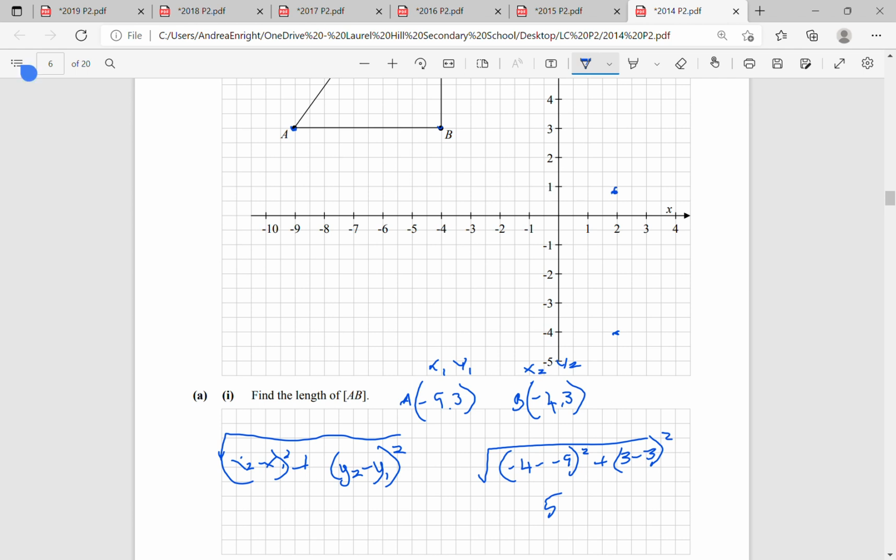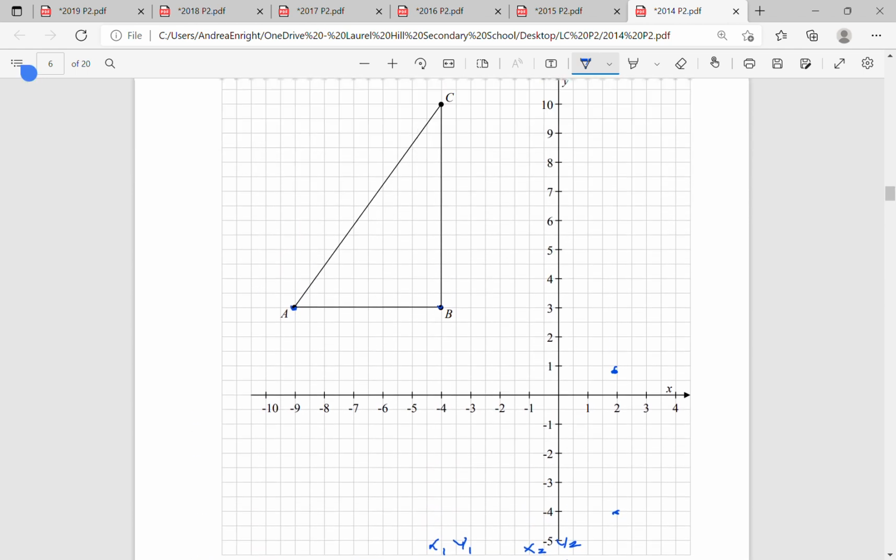Now we want to make a triangle that is congruent, so that means it's exactly the same. If you connect that to that, that line there is the same length as that line there. Now you want to make a right angle here and make it the same length as that line there. If you just look, that's a 3 and it goes up as far as 10, so the length of that line there is 7.